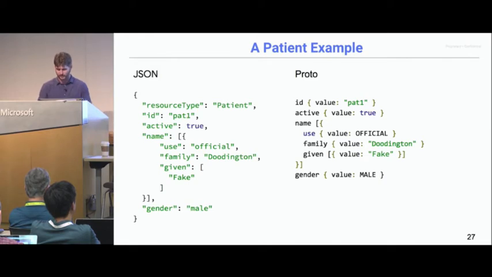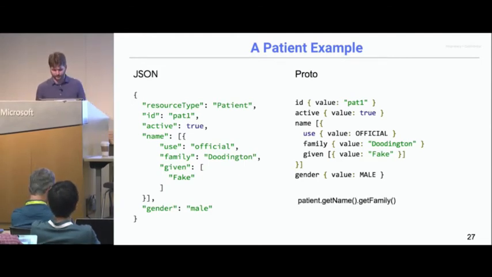All of these things you see, like ID and value, we go back to that tag number where you use the tag number to serialize it. So you get an enormous byte size reduction. Just right here, you get at least a 10-fold byte size reduction in terms of how much you have to store on disk by using proto. So in addition to being type safe, in addition to being easy to use programmatically, it's also a huge byte size reduction.